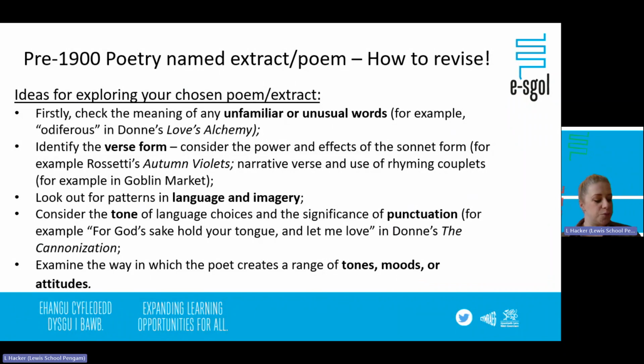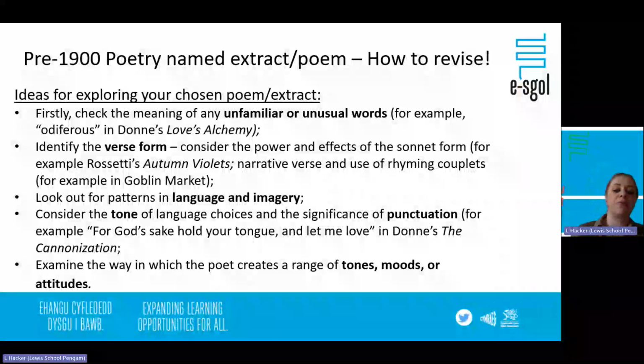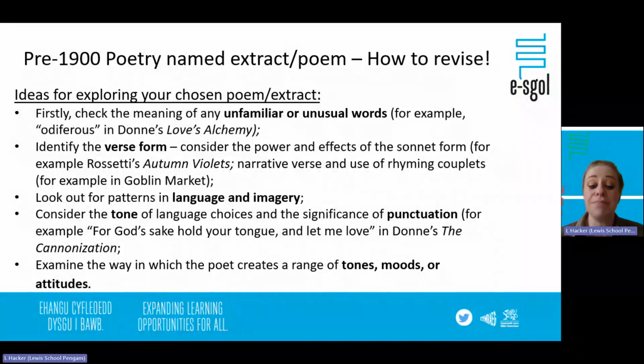Now, they don't always do so, but if they have, make sure you're familiar with that particular form, what it's called. This is all relevant terminology. All right, look out for patterns in language and imagery in that poem. Are you seeing patterns that you've seen in other poems that you're familiar with? And let's start to have a look at that.